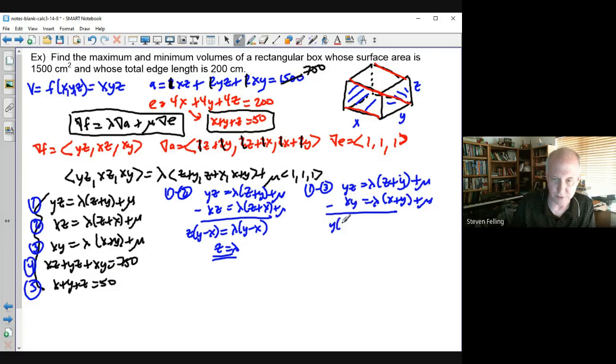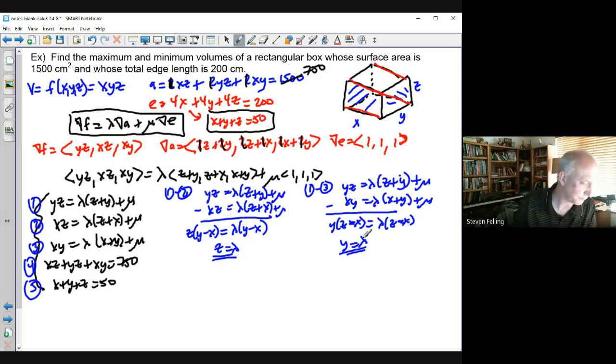Y times z minus x equals, let's see, the lambda y's would cancel and the mu's would cancel, and I'd be left with lambda times z minus x. And because the z minus x's are here, the only way this equation is true is if y is equal to lambda. So z must be equal to lambda and y must be equal to lambda.